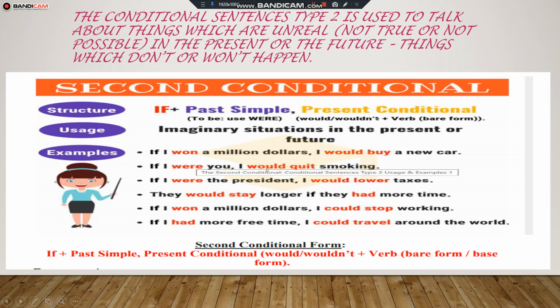You can shift between the if clause and the main clause, meaning you can put the main clause at the beginning, then put the if clause. But in this case, you have to remove the comma. Okay? For example, they would stay longer if they had more time.